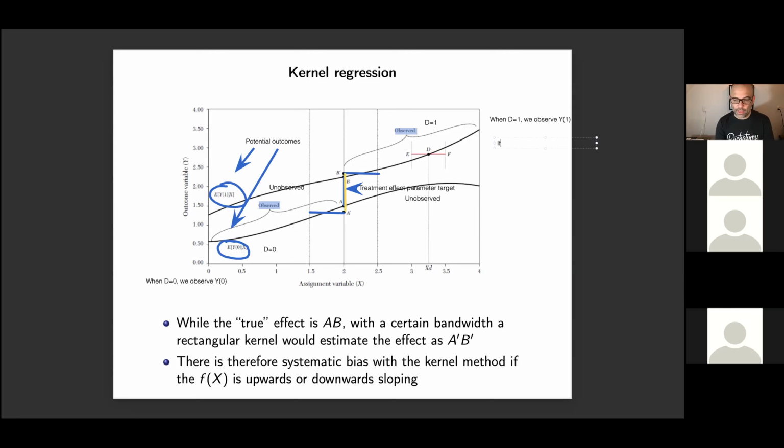So if we use that bandwidth, then given the trends in the data, it will yield a slightly biased estimate of the true causal parameter. Okay?